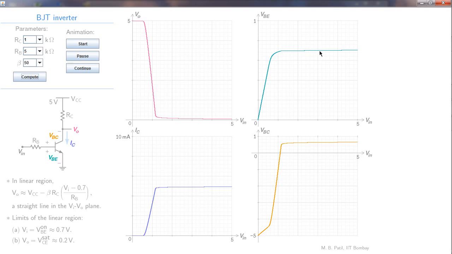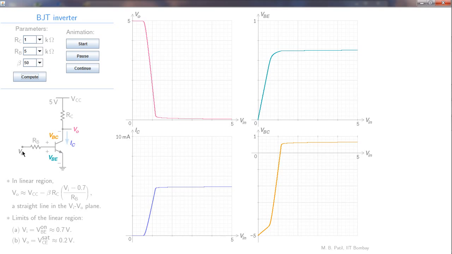What is this voltage here? This is 1 volt, 0.2, 0.4, 0.6, 0.8, so that's something like 0.7 volts. What about VBC? VBC is the forward bias on the base collector junction. In the beginning, the transistor is in the cutoff region.